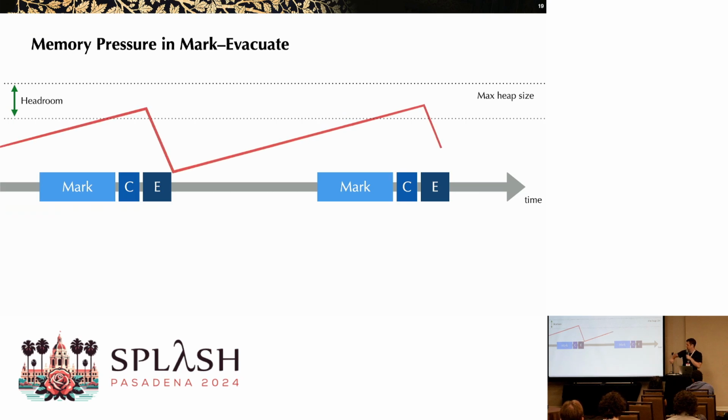The memory pressure starts to increase, and then we start a GC cycle, and then it continues to increase until we reach the evacuation phase where we have a sudden drop. Now, we are proposing to just get rid of the evacuation phase. Who needs that? And that means the memory pressure will increase, which can lead to memory exhaustion.